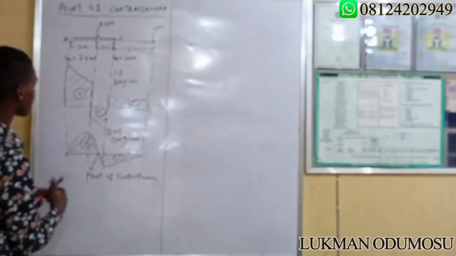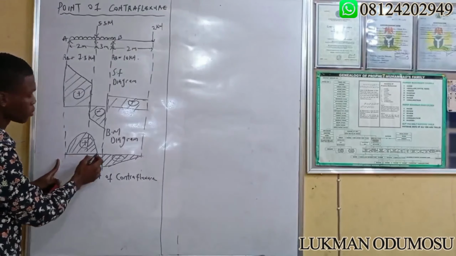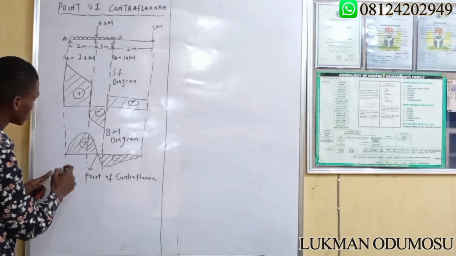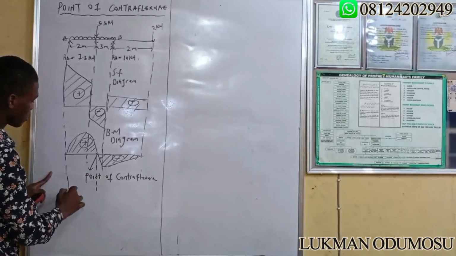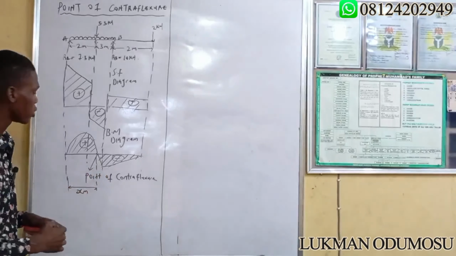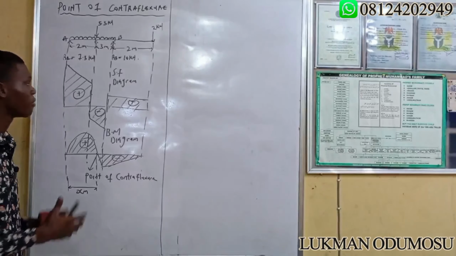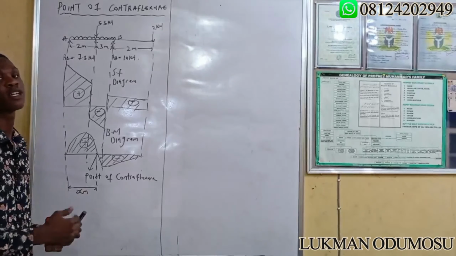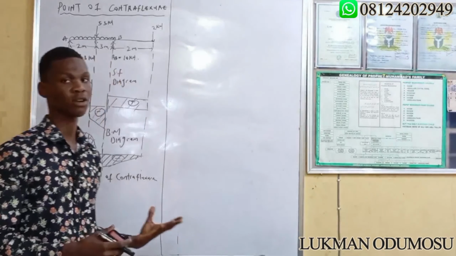So we want to get the value from A up to this point, right? Let's give that x. Meaning we have to calculate the value of x. So if we know the value of x, that means we've been able to obtain the value where the point of contraflexion occurs. So that's the idea behind point of contraflexion.